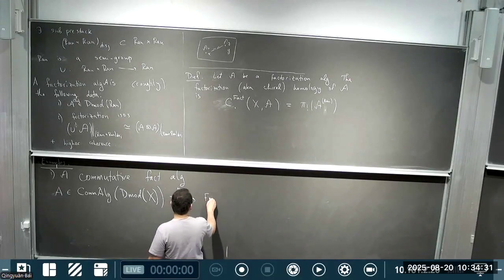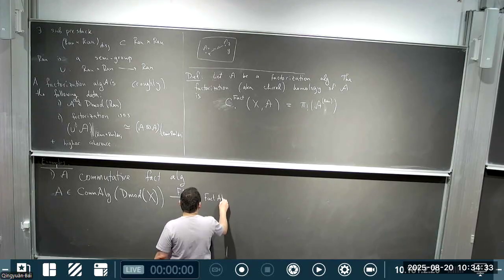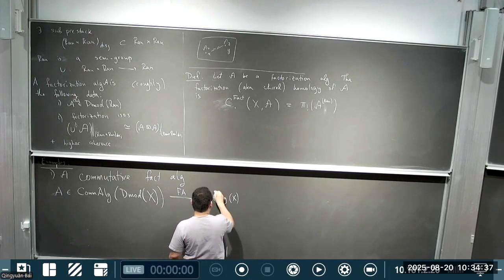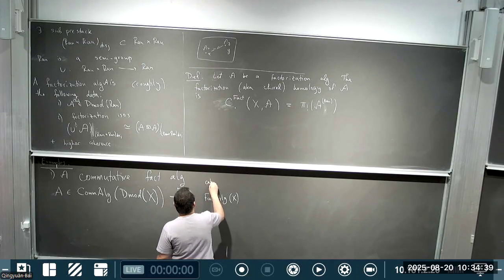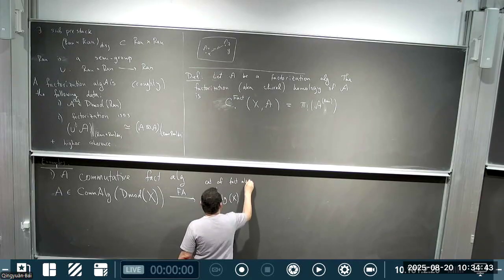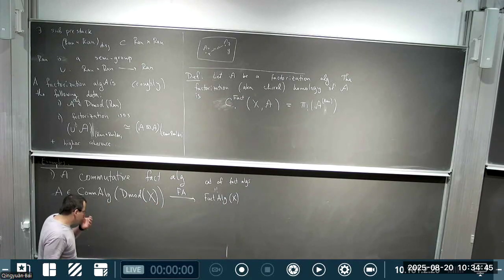So you have the category of factorization algebras on X. Kevin gave a geometric construction.